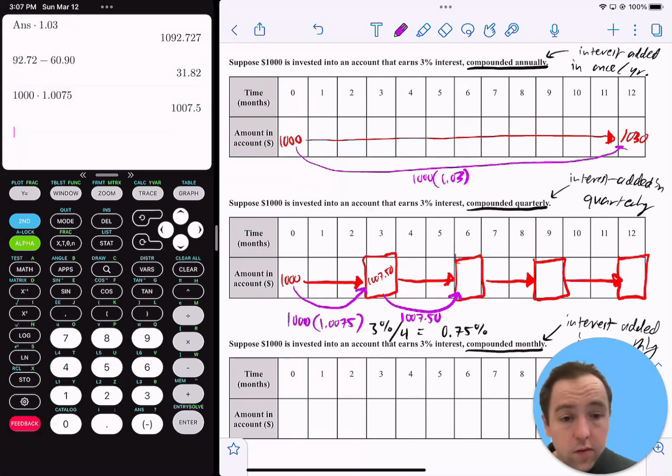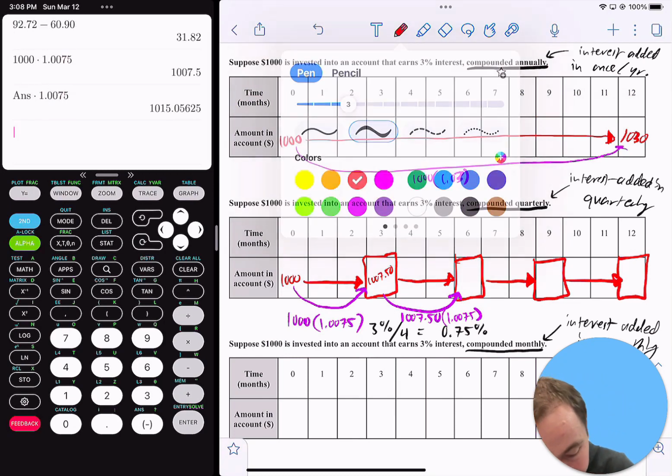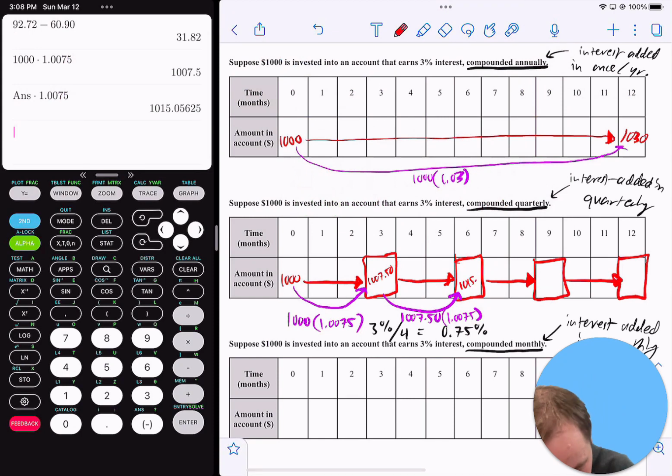So we're going to take the $1,007.50 and multiply it by 1.0075 to determine our next amount. If I just take our previous answer and multiply it by 1.0075, we end up getting a result of $1,015, and if we round it, about 5 cents or so there.